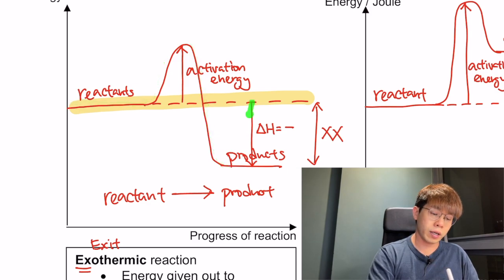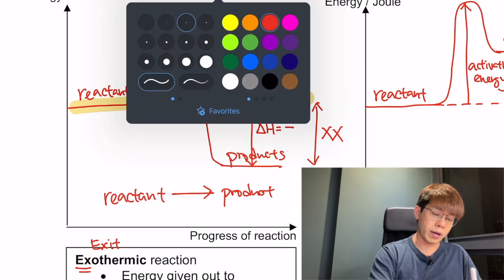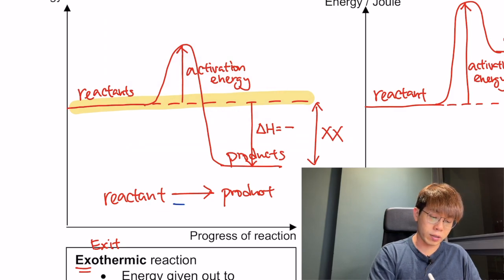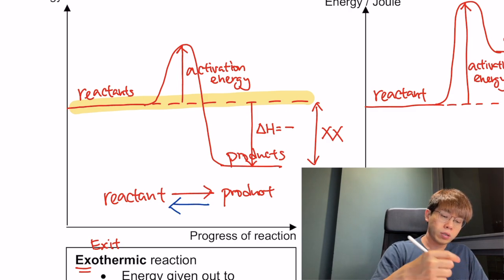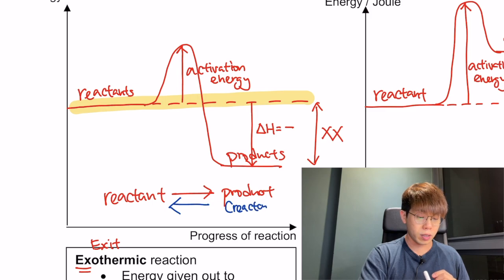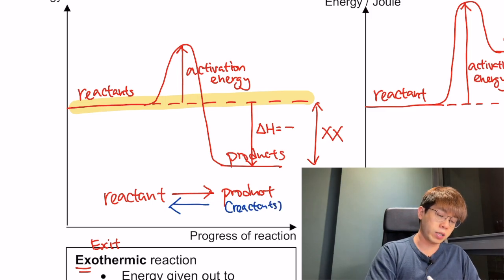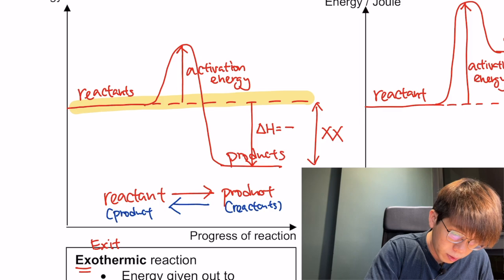However, if we consider the backward reaction, that means we go from products to reactants. Now I'm going to draw in blue. So the products are now the reactants, and the reactants are now the products. In the backward reaction, from the product to the dotted line, this is now the enthalpy change.